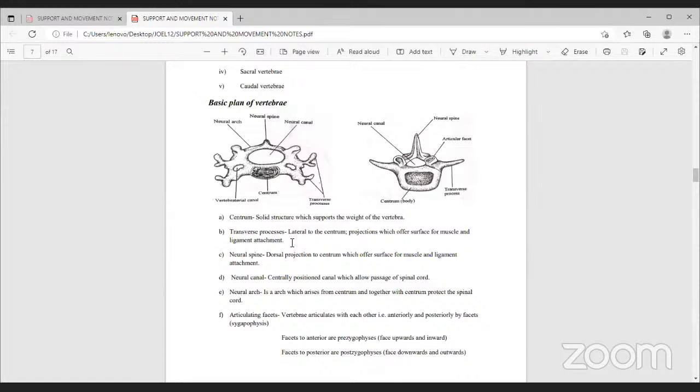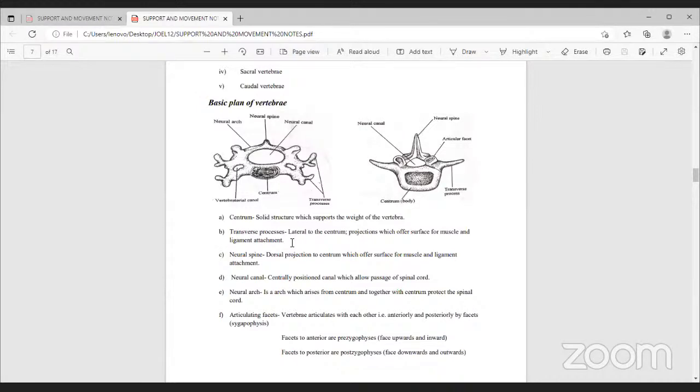For example, if we say they have a neural canal or neurospine or the transverse processes, the transverse processes in thoracic vertebrae will have the same function as the transverse process in lumbar vertebra. So the function remains the same.